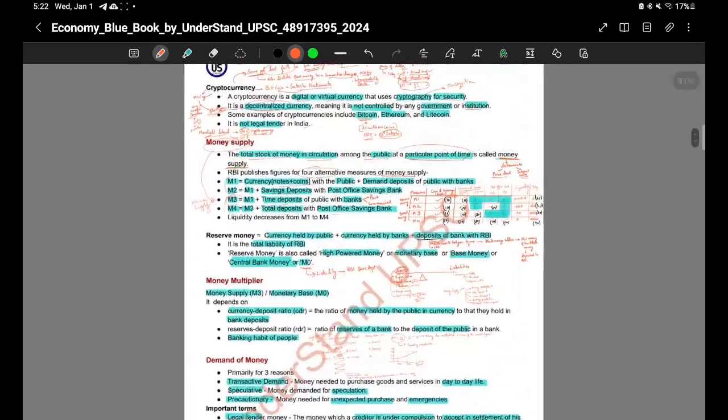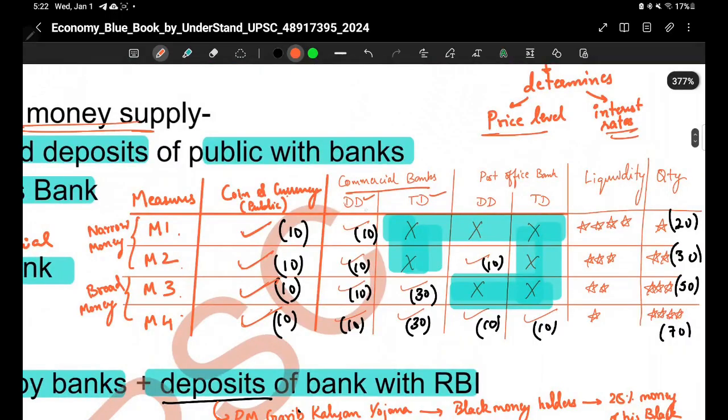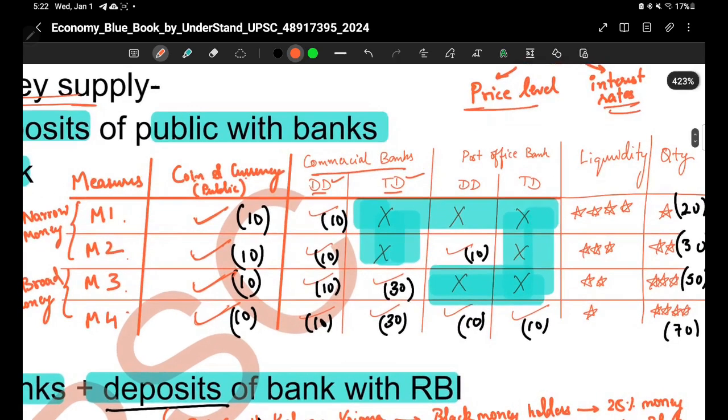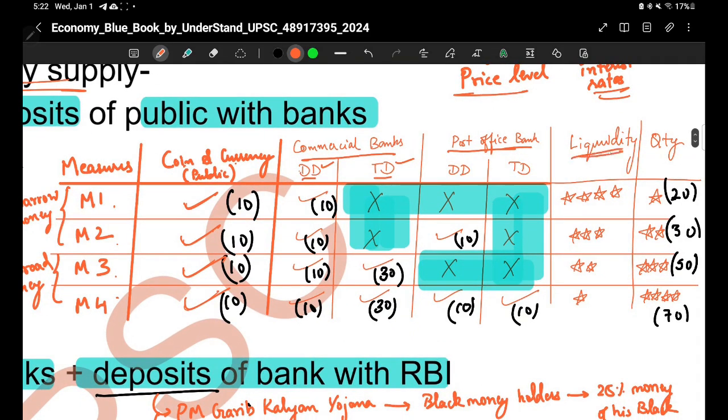Okay. Now I was discussing money supply, no? Commercial bank has 2 types of accounts: demand deposits and time deposits. And similarly, post office bank also has demand deposits and time deposits. Now after we make this table, another column is for liquidity.